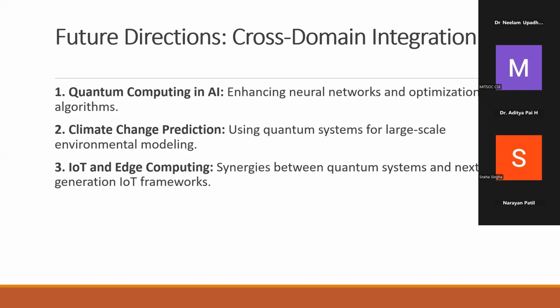These quantum-enhanced edge nodes can process the local data efficiently before transmitting it to the cloud. So this is important. Why is IoT and edge computing interacted with quantum computing? Because quantum-enhanced edge nodes can process the local data efficiently before transmitting it to the cloud.